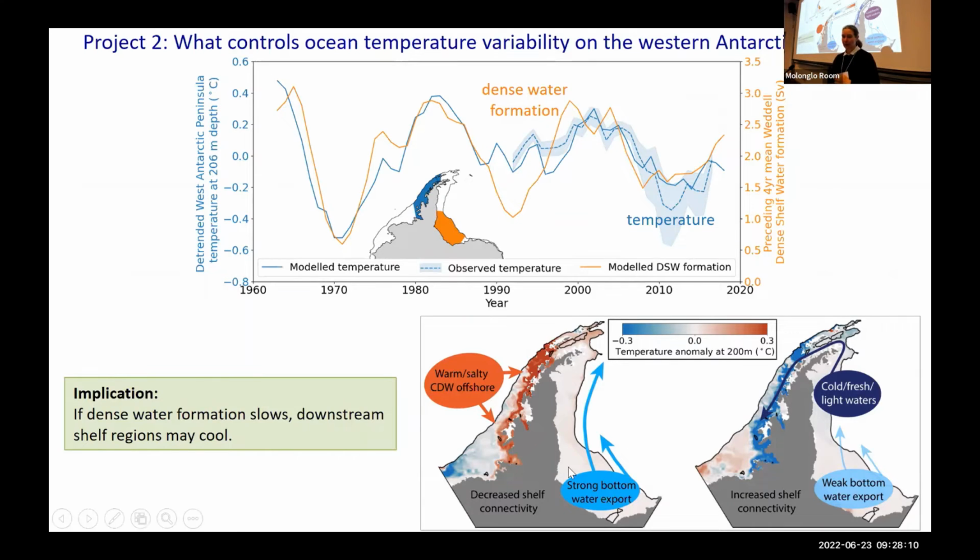We find that when we get years of strong dense water formation and dense waters exiting the shelf in the Weddell Sea upstream, we then get less connectivity around the continental shelf to the Western Antarctic Peninsula, and then we get warming there because you're not bringing the cold Weddell Sea waters around anymore. And the implication of this for the future is that if dense water formation slows down, there may actually be a negative feedback, some cooling on the Western Antarctic Peninsula.